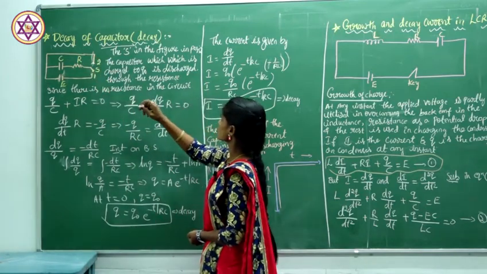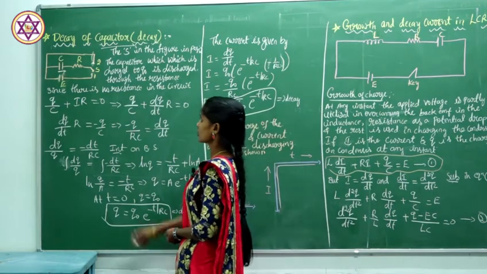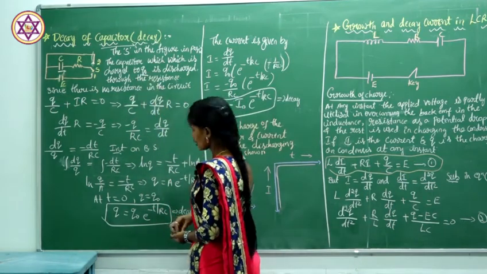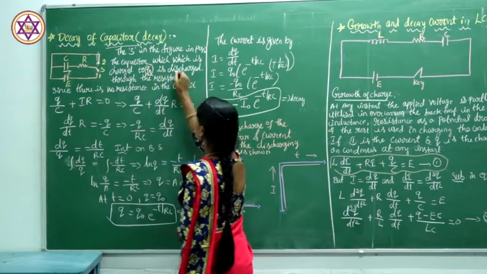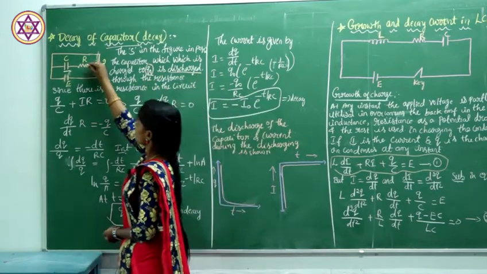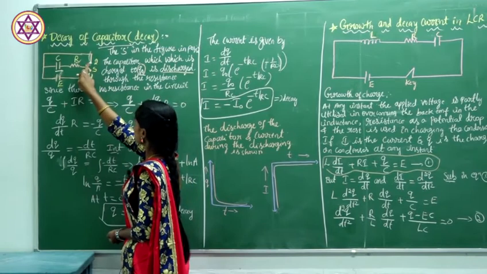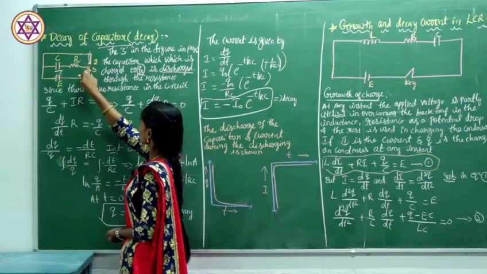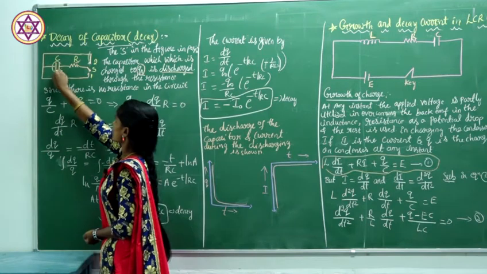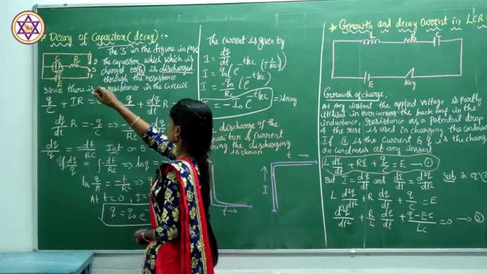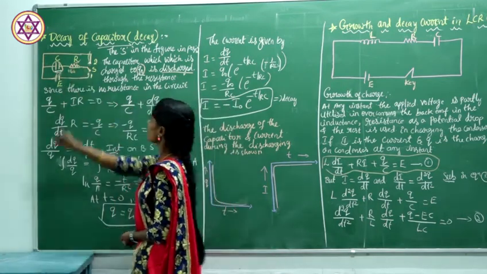The capacitor which is charged to Q naught is discharged through the resistance.